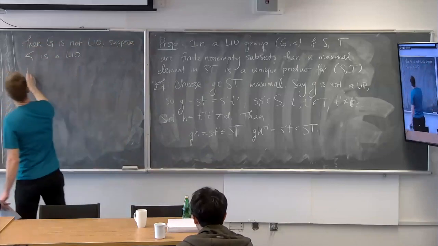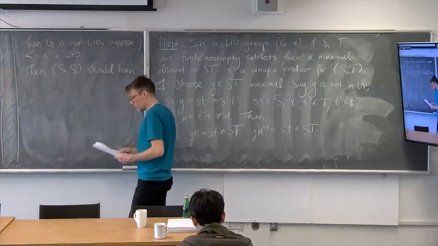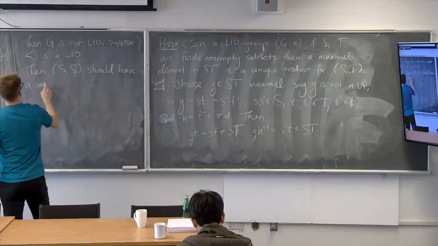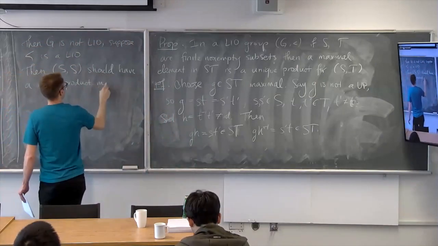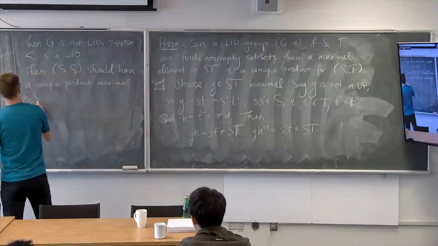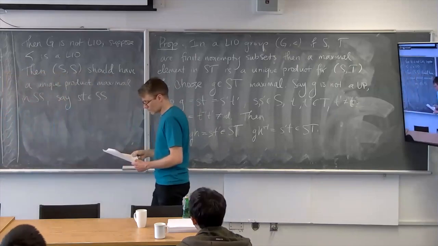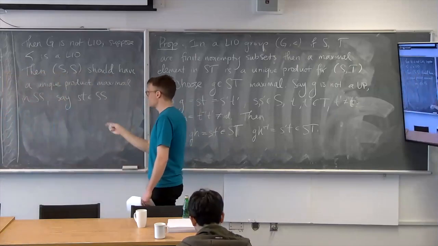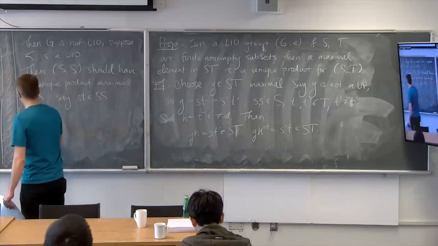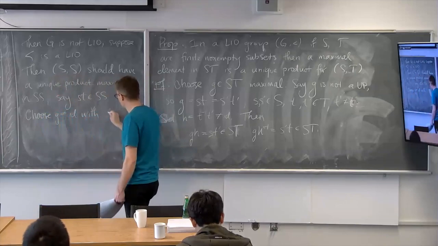Then S should have a unique product, which is maximal in S times S. Say it's ST. But now choose G that's not the identity, with the inverse S.